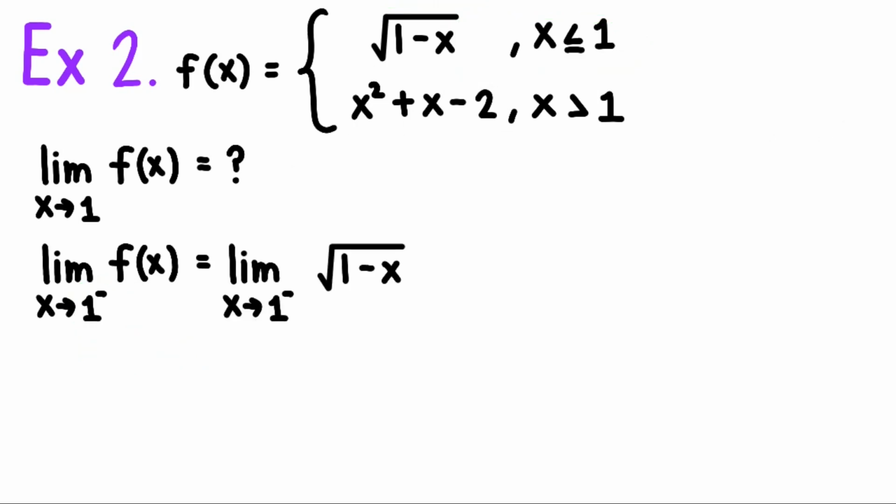Let's inspect what happens when we plug this value into this expression. We'll have 1 minus values from the left of 1, or less than 1 but close to it. So that's like 0.99999.